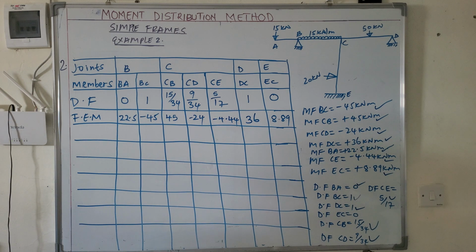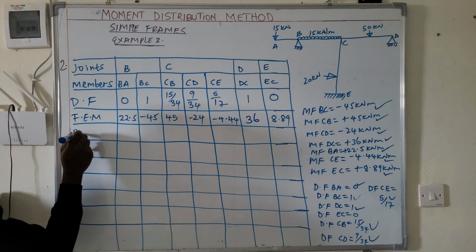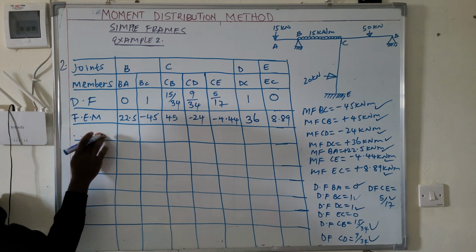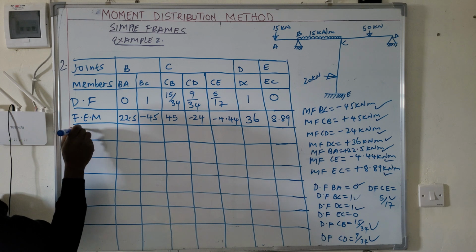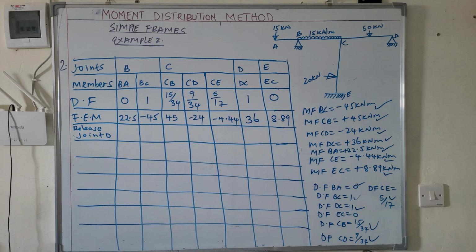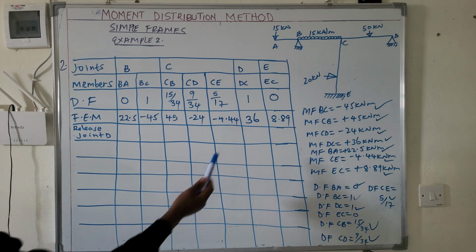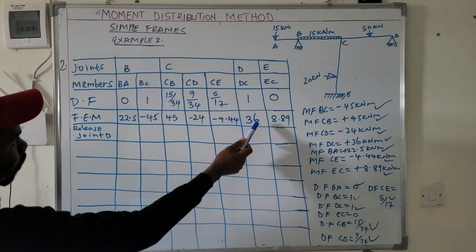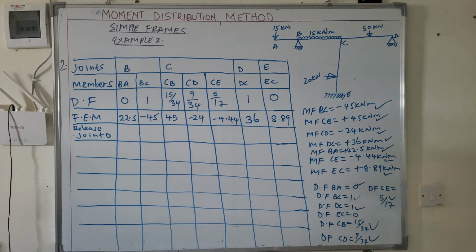We release joint D by adding or subtracting any figure from 36 such that the answer should be equal to 0.